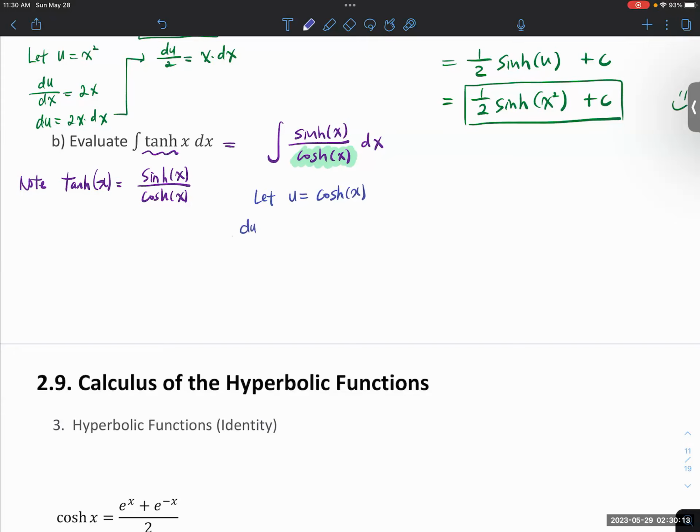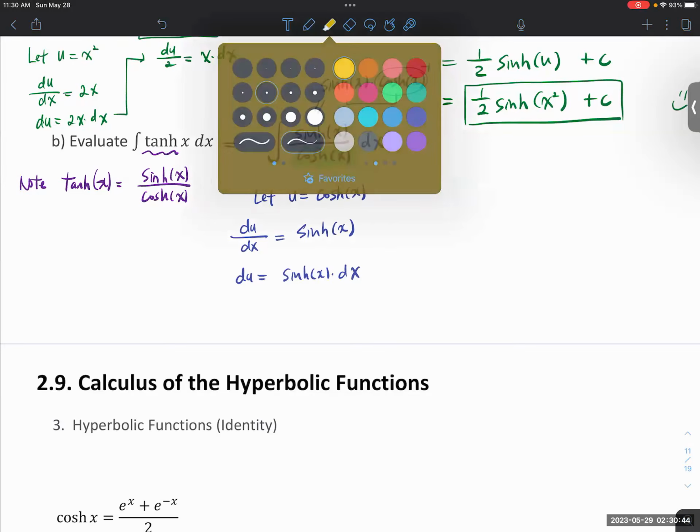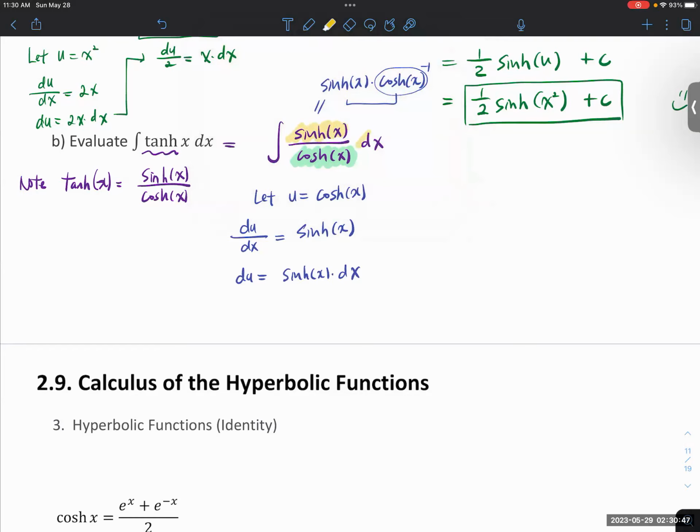So du over dx is sinh x. So you're going to set u equal to the denominator. If you take the derivative of cosh, we know this is sinh. So du equals sinh x times dx.